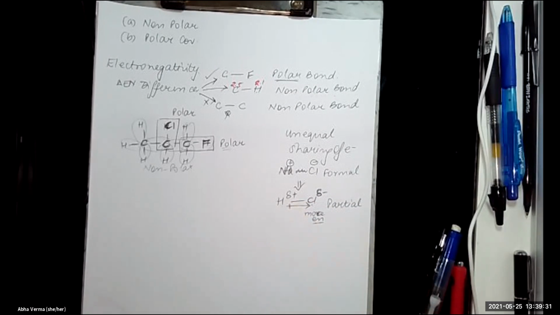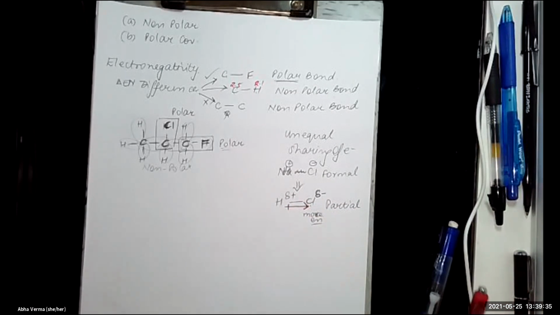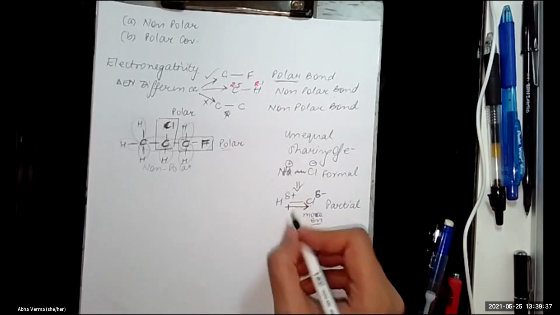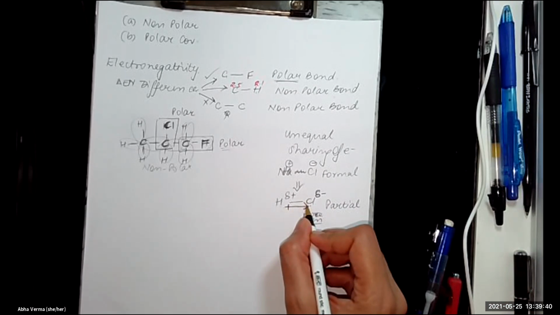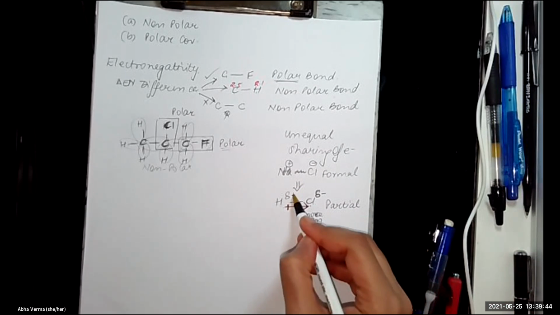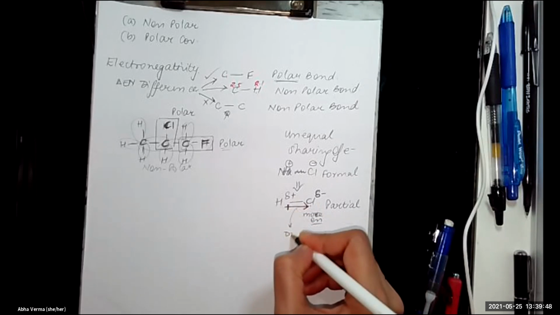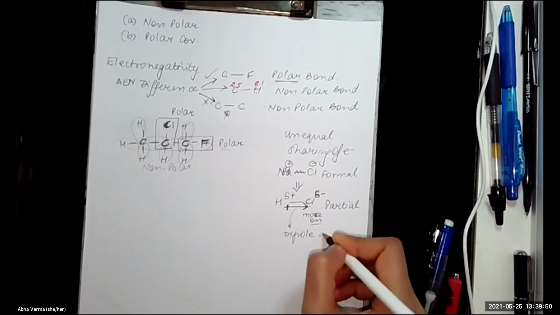And this is how we show a dipole. And this is how you should always show the dipole. This is a straight arrow with a plus at the end. So this is a dipole arrow.